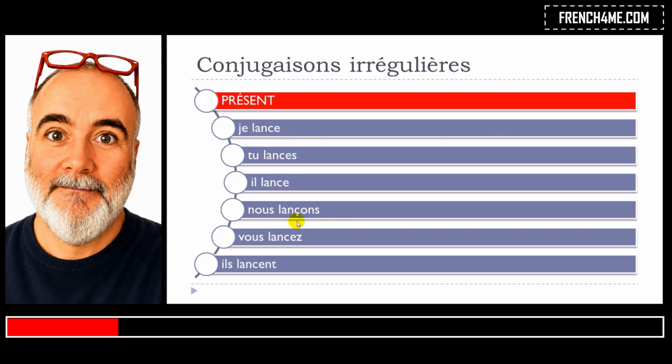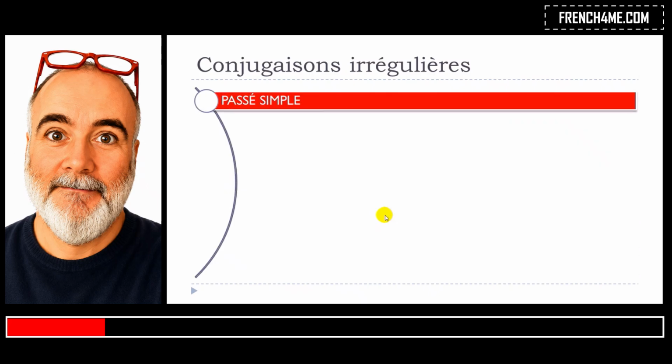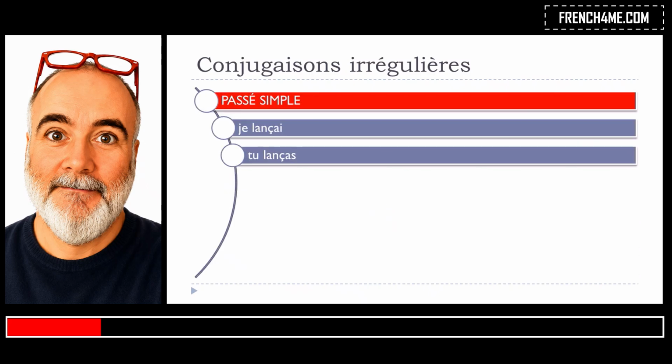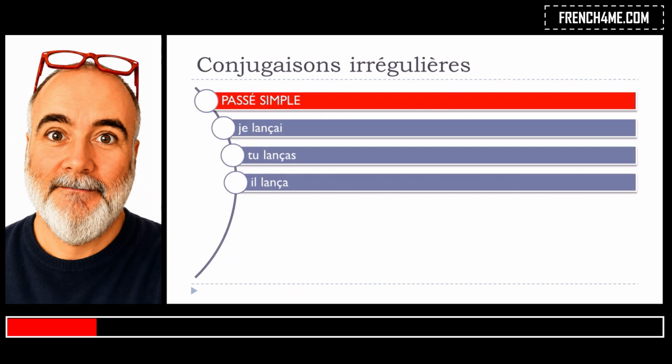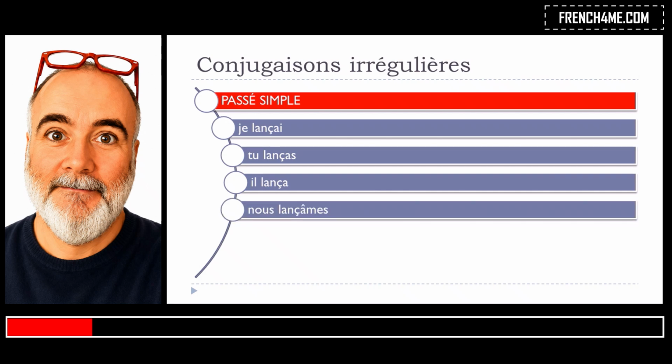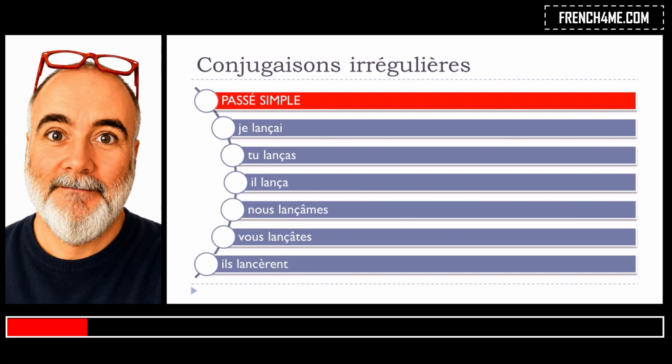The only thing is here, for nous, in that case, you have to put la cédille. And then let's see le passé simple: je lançai, tu lanças, il lança, nous lançâmes, vous lançâtes, ils lancèrent. You can see that there is only one form that won't be affected by that, but all the others will need to be modified with the cédille, like here.